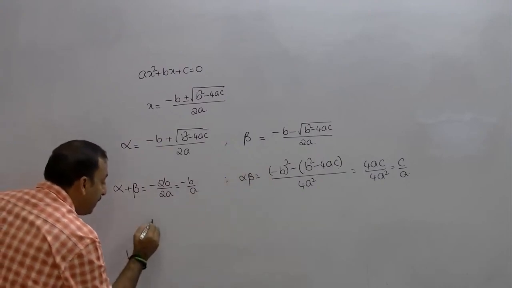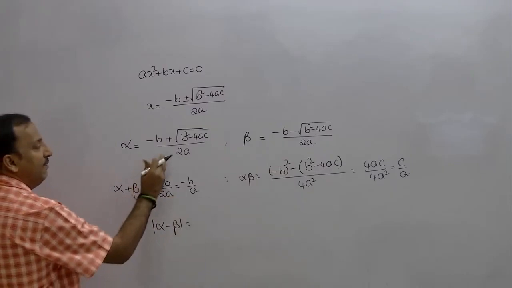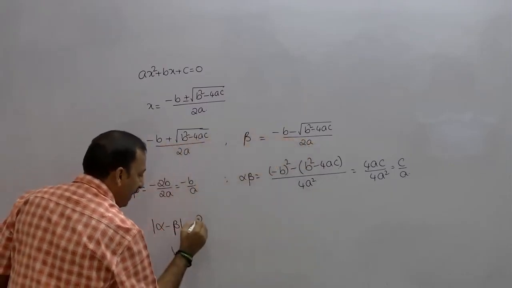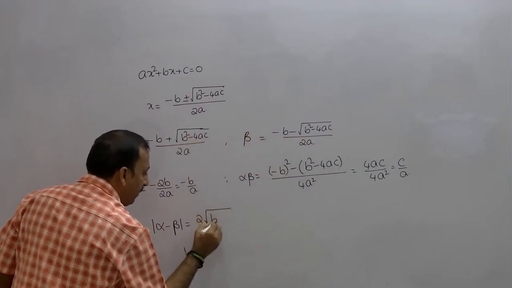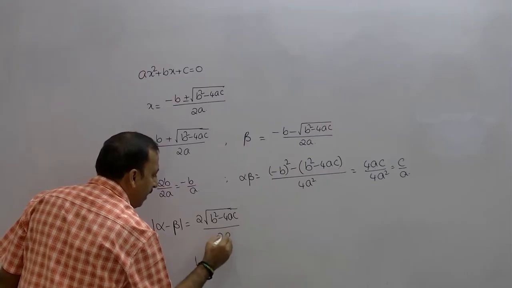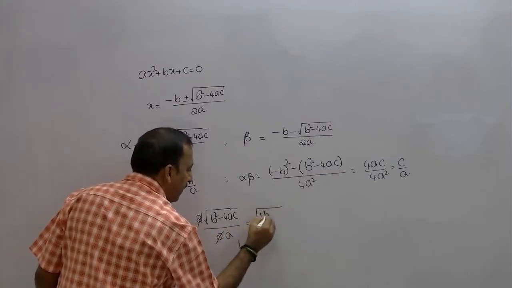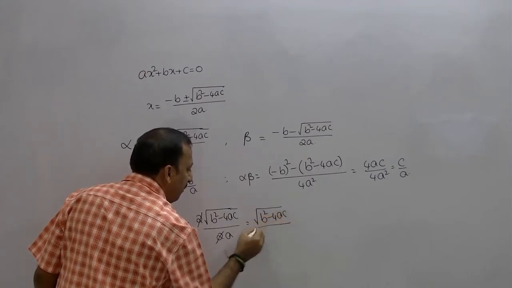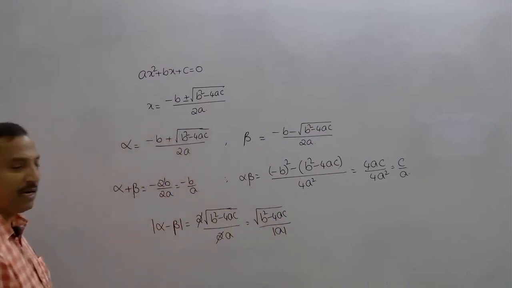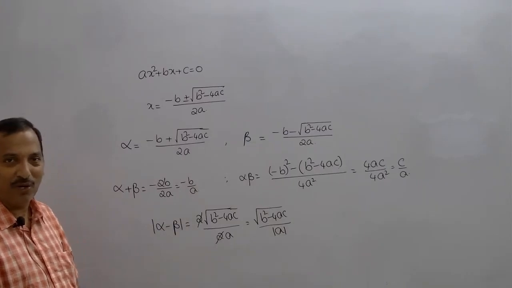And what is the difference of the roots of the equation? Mod of alpha minus beta. This minus this, if you subtract, you will get 2 into root of b square minus 4ac by 2a, or simply we can write it as root of b square minus 4ac by a, or we put it as mod a, because we are considering the difference means greater root minus smaller root.